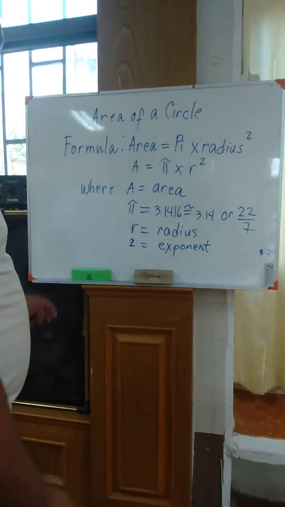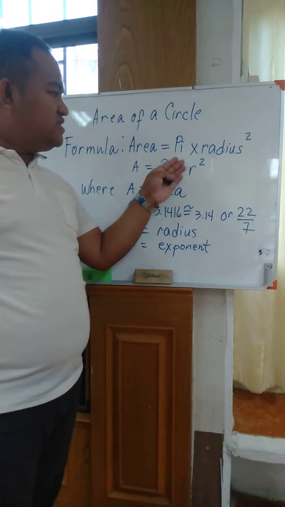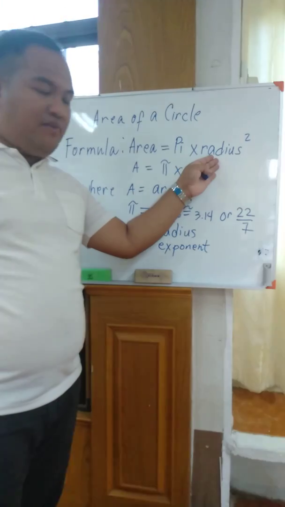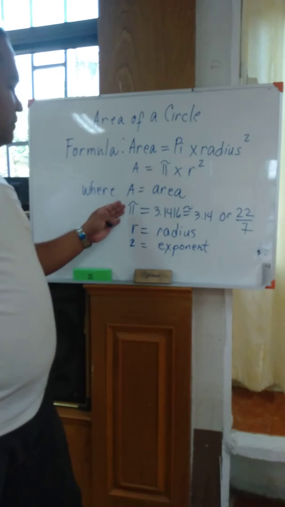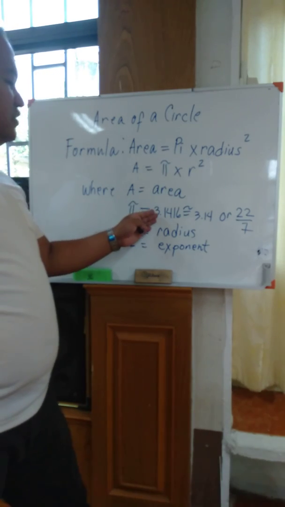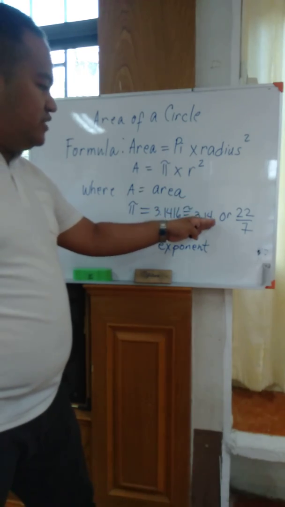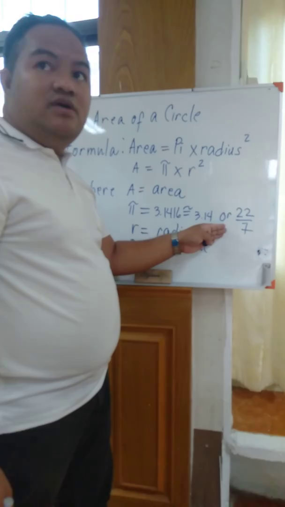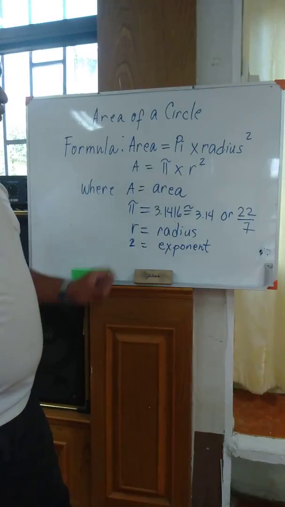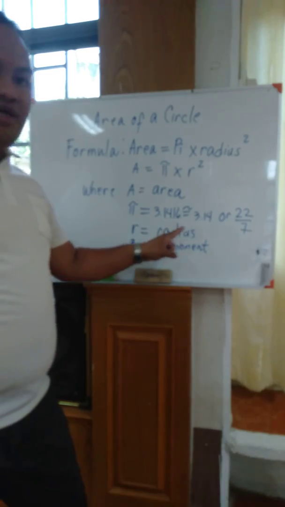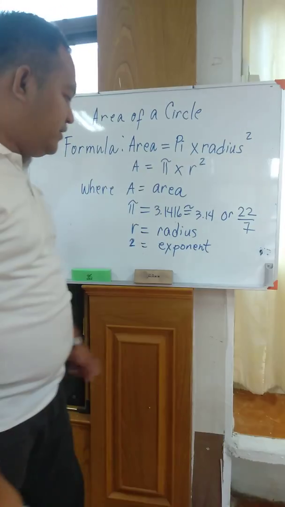So I repeat, area is equal to pi times radius to the power of 2, where A is an area, where pi is equal to 3.1416 or congruent to 3.14, or in the fraction form 22/7, where r is equal to radius and 2 is the exponent or power.